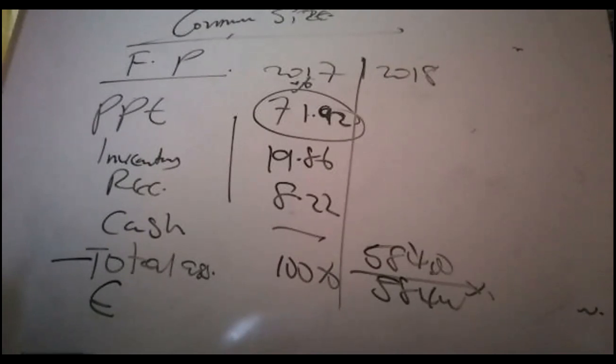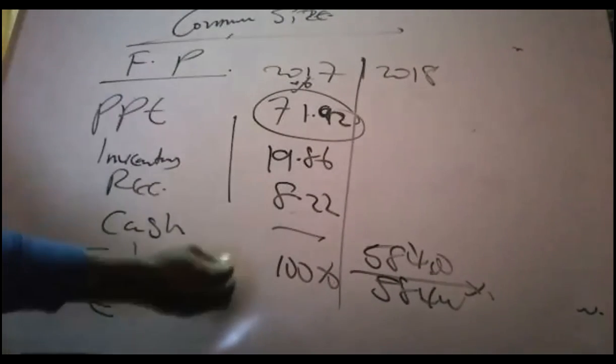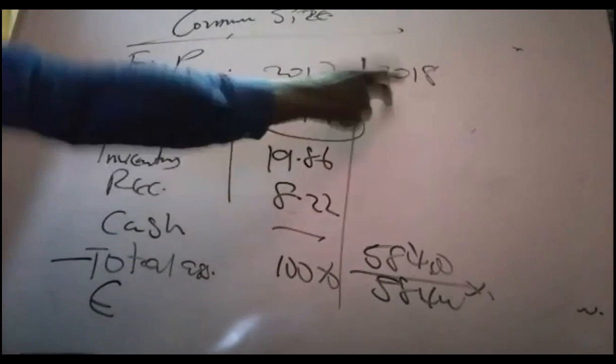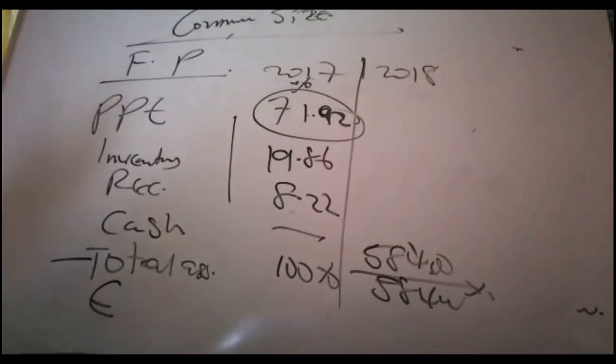How to write the profit and loss? Now the profit and loss, we will start from the sales, then the cost of sales. If it's one year like this, that one is so straightforward. But if it's two years, it becomes a bit of trend and common size.